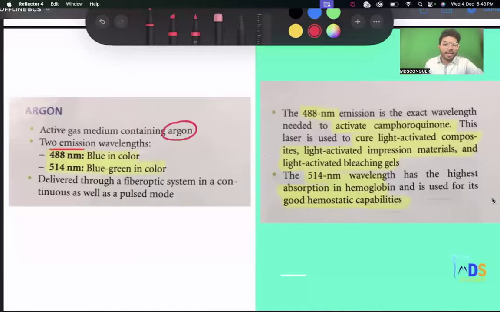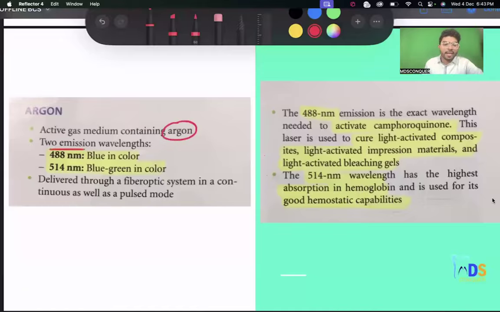One is 488 nanometers, which is blue, what we regularly use. The second is 514 nanometers, which is blue green. One frequently asked question is, which of the following is a single wavelength laser? The answer is the argon laser.